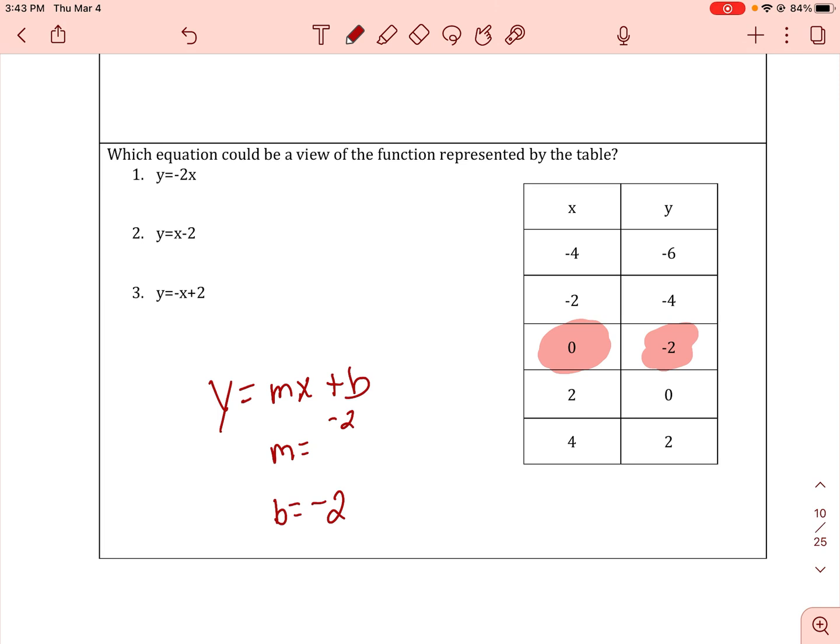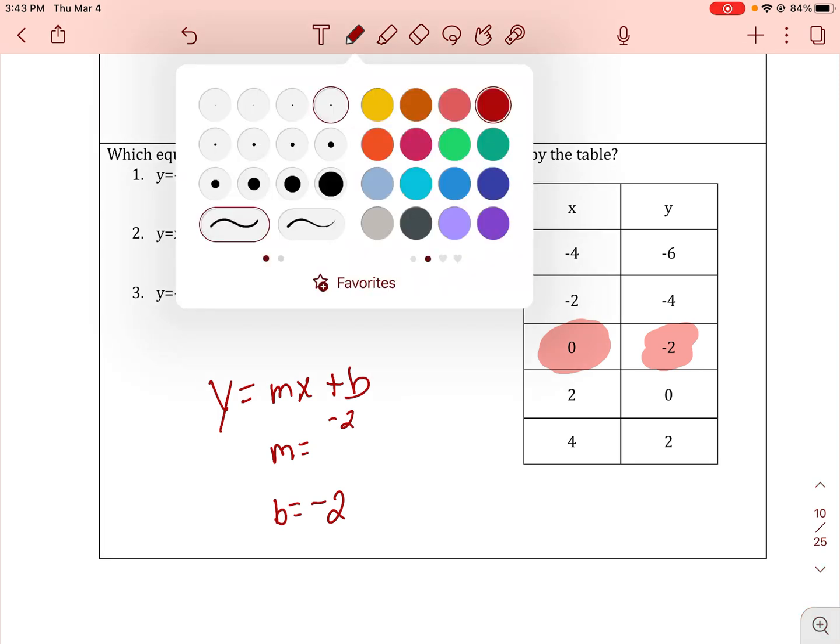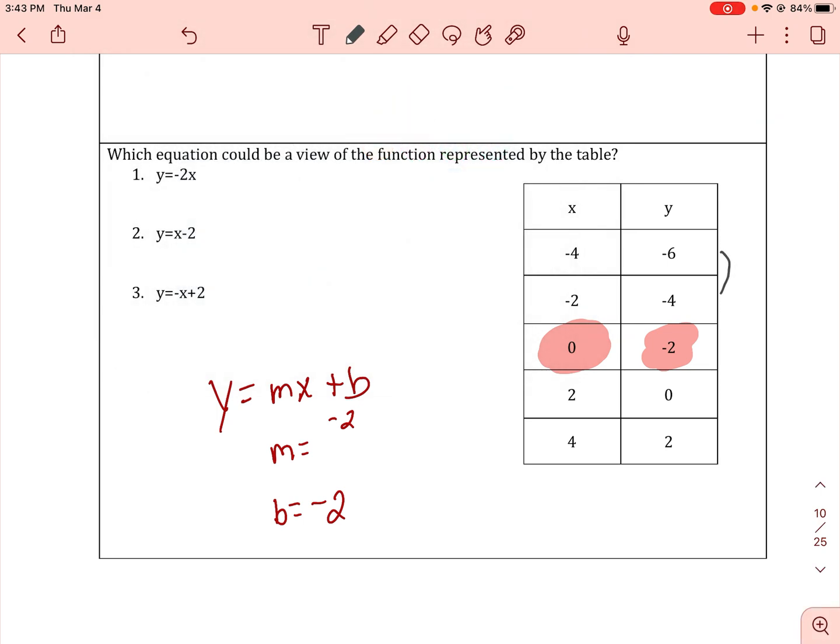My slope: as my y's go down, I see I am adding 2 each time, so that is +2. As my x's go down in this table, I am actually adding 2 to my x's, so my slope is 2 over 2.